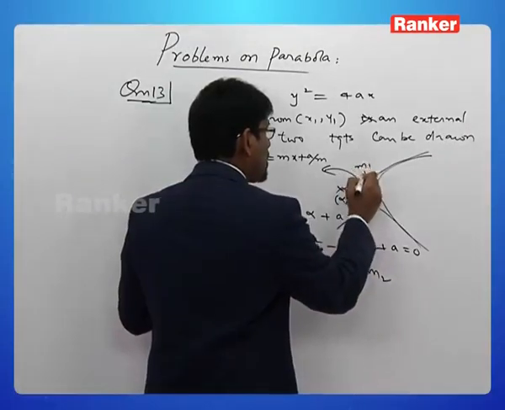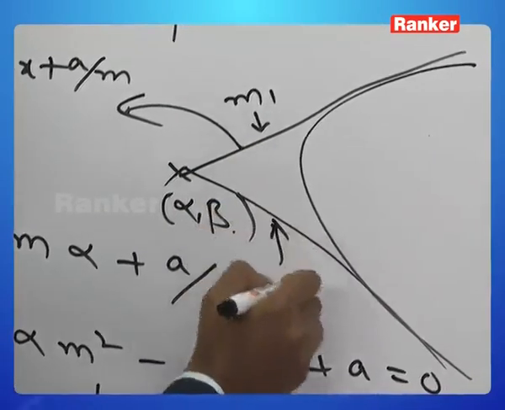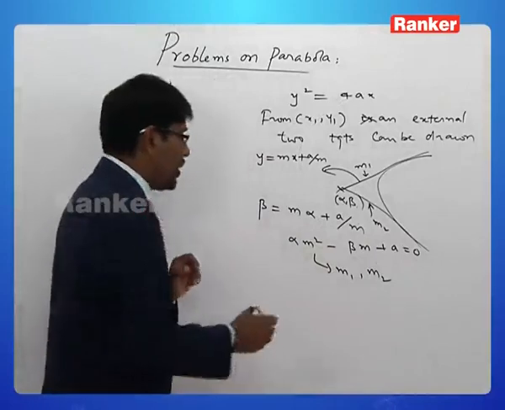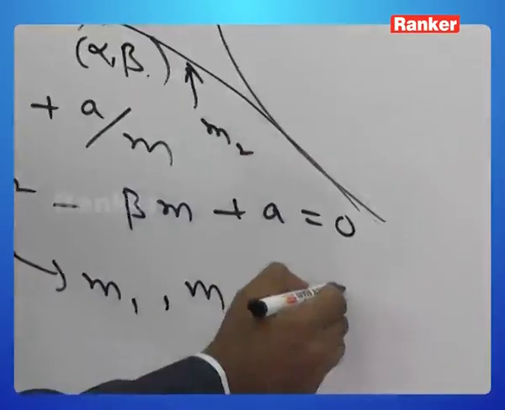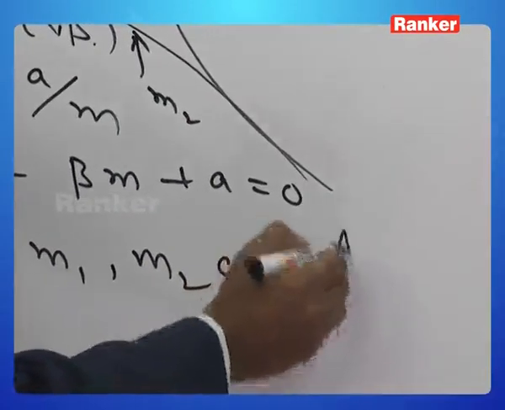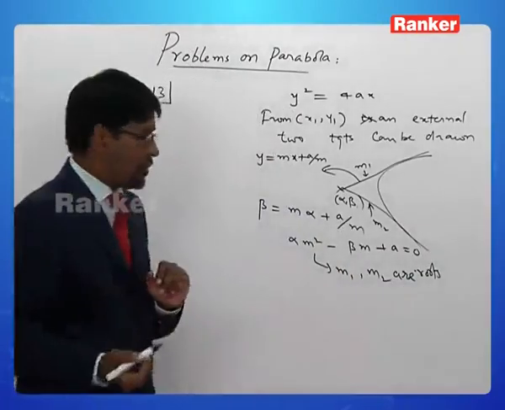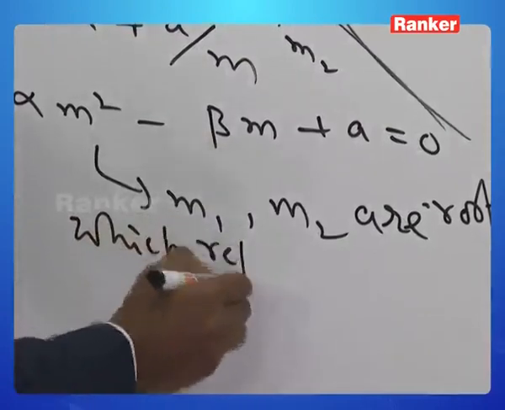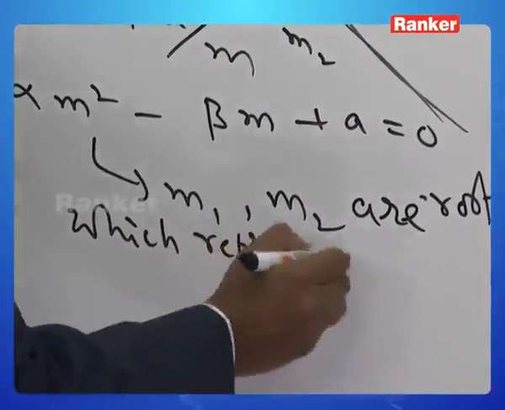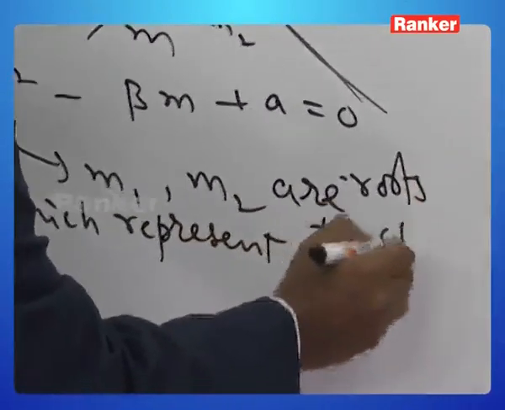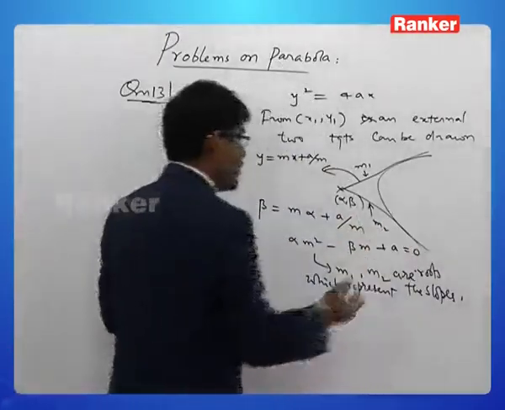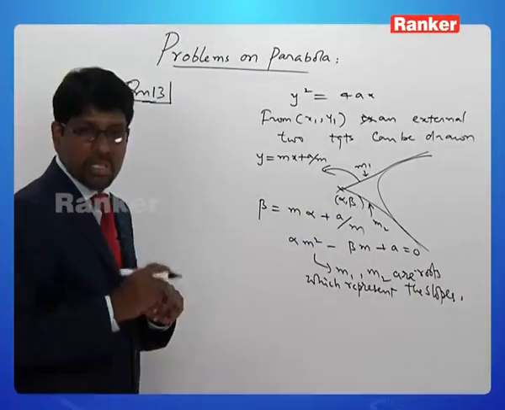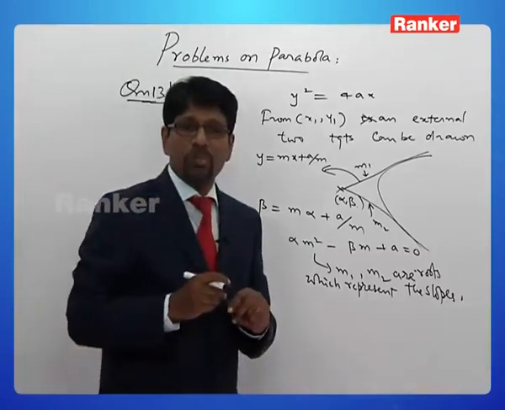m1 and m2 are roots which are the slopes of the two tangents. m1 is the slope of this and m2 is the slope of this tangent. Okay, now what else is given about the slopes of the two tangents?